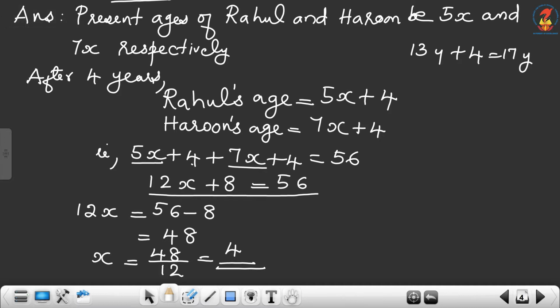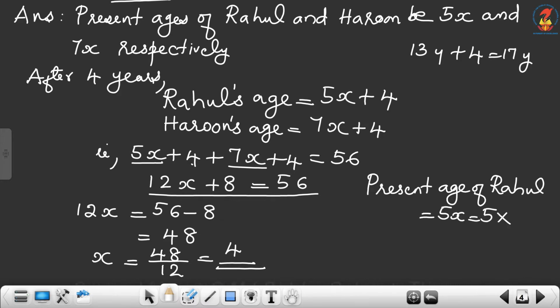Now we have to find the present ages. The present age of Rahul is 5x, which means 5 into the value of x, 4, 5 into 4 equal to 20. So Rahul is 20 years old.